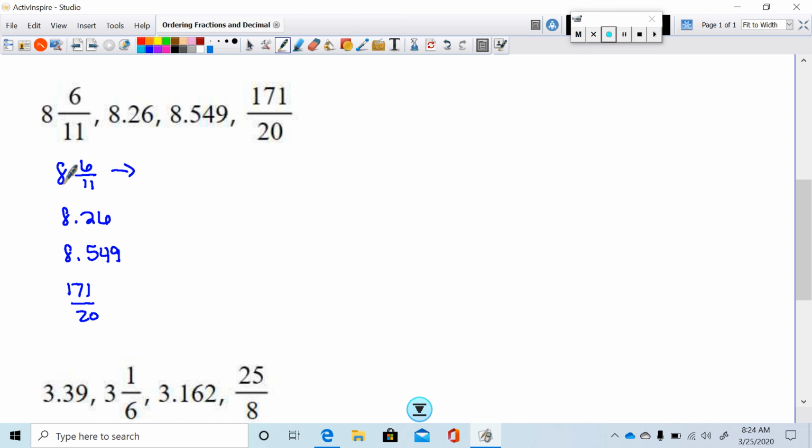So the number out front of the fraction goes in front of your decimal. So 8, 6 divided by 11 is 0.545. This one, I'm going to make it have 3 numbers after the decimals by putting an extra 0. This one is 8.549. And this one, 17 divided by 20 is 0.85, so 8.85, but you have to put a 0 in the end.